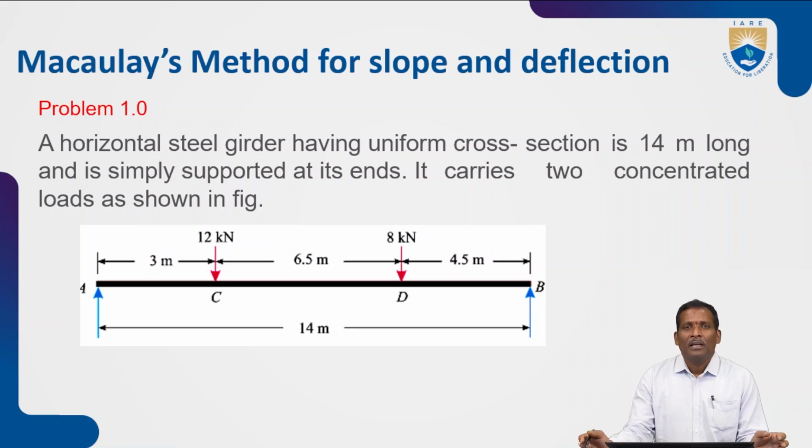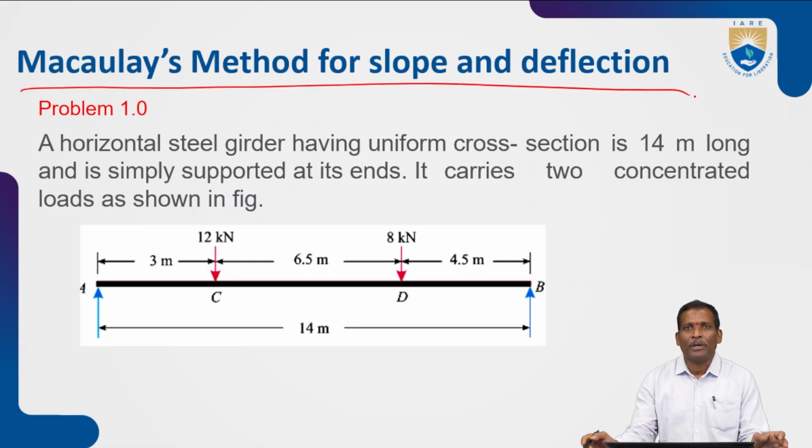In this Macaulay's method for slope and deflection, the given problem is a horizontal steel girder having uniform cross section. The girder is 14 meters long and is simply supported at its ends.